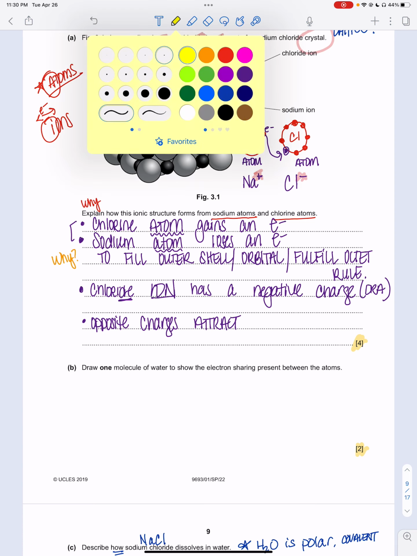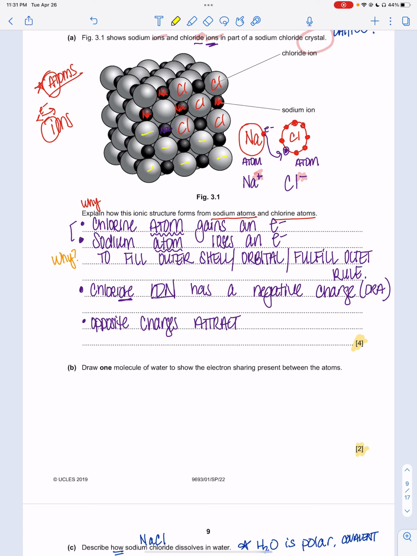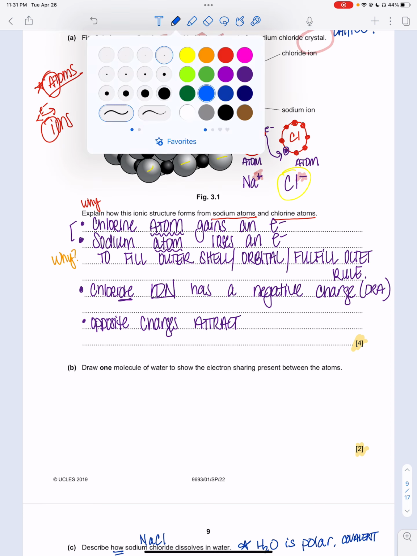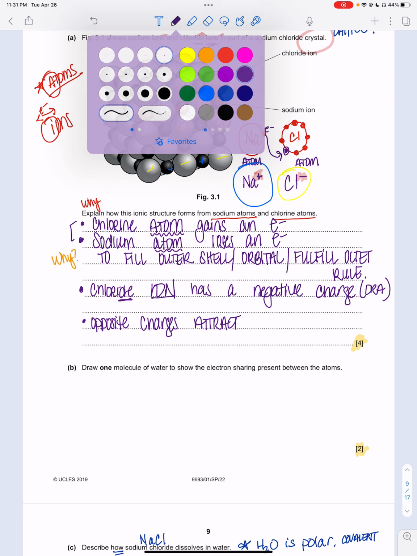So another way to look at these: this is a negative, this is a negative, negative, negative, negative, right? So we look at that one right there. Negative, negative, negative, negative, negative. These are positive, positive, positive, positive, positive. And so that's essentially it. That's it right there.